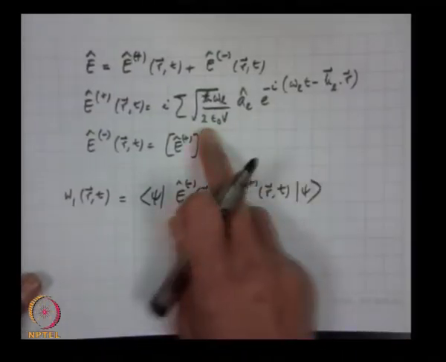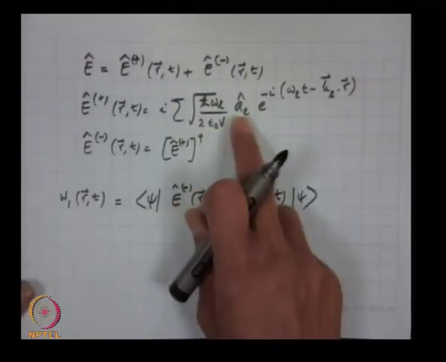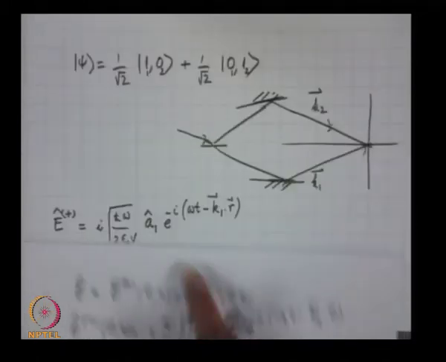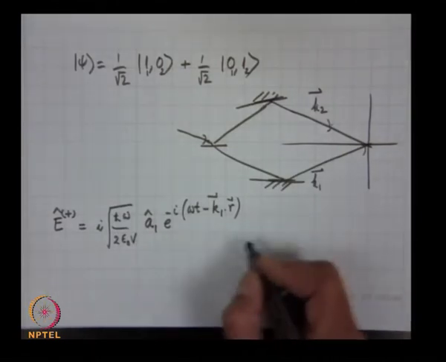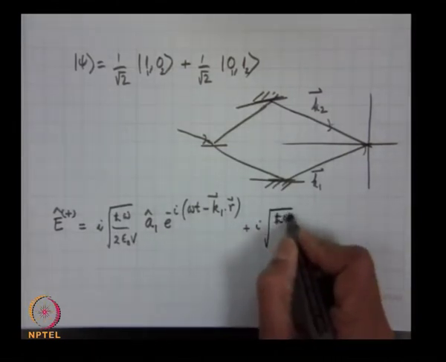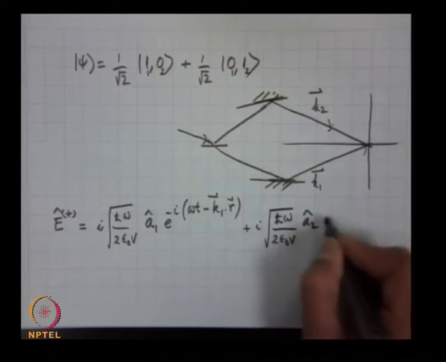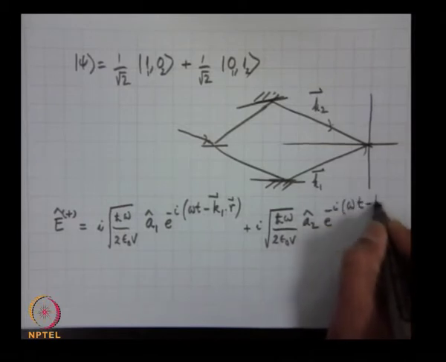This is one term. Omega is the same, I just call it omega, and the first mode has K1. And then I have i square root of h cross omega by 2 epsilon 0 V A2 exponential minus i omega t minus K2 dot R.